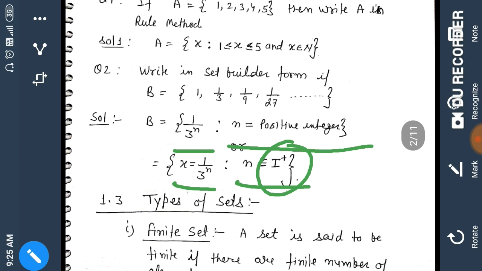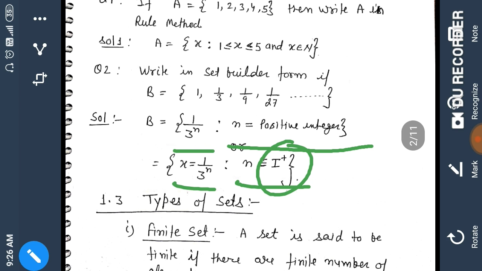Okay, so a set can be represented in two ways. The first is roster form, and the second is set builder form. In the first method we list the elements, and in the second method we write the set by the property of the set, as in example 1 and example number 2.